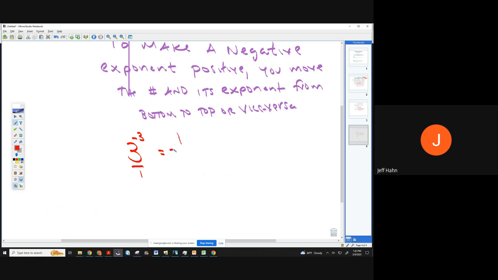This is the same thing as 1 over 3 to the positive 3rd power. If you take the number and its exponent and flip it from top to bottom, the exponent becomes positive. I had to put a 1 up there because I can't read the top of it. Which really means 3 to the negative 3rd power is 1 over 3 times 3 times 3, which is 27. So 3 to the negative 3rd power is 1/27.